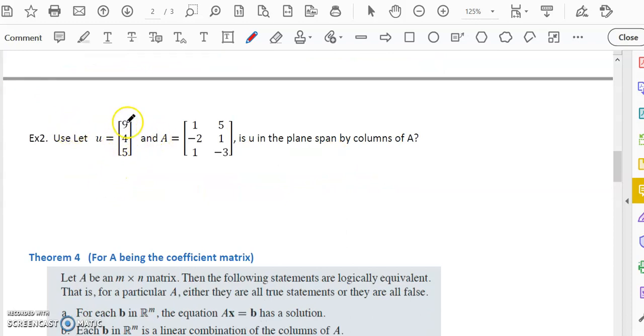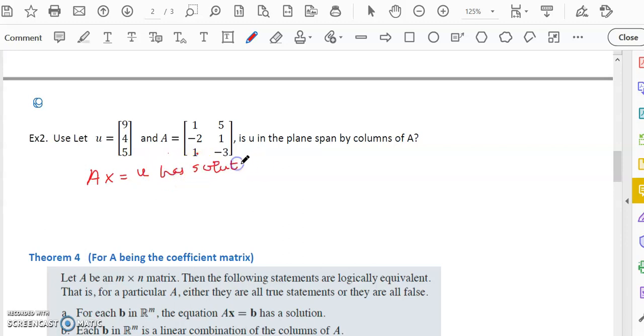U is this. A is 1, -2, 1, 5, 1, -3. Is U in the plane spanned by this? So this is actually the same as asking whether AX equal to B, with B equal to U, has a solution, right?